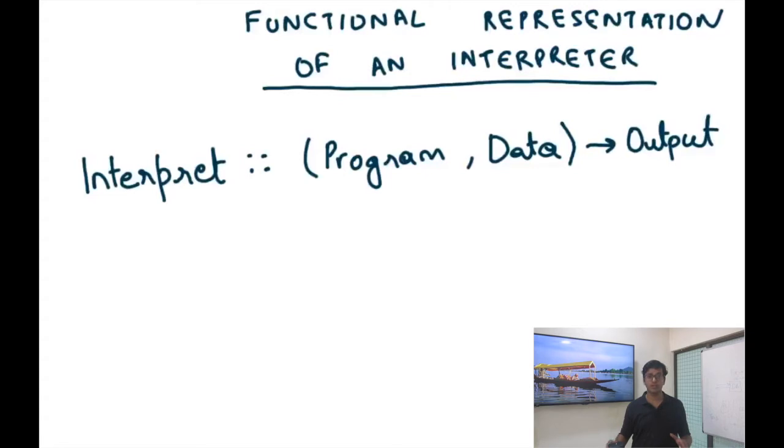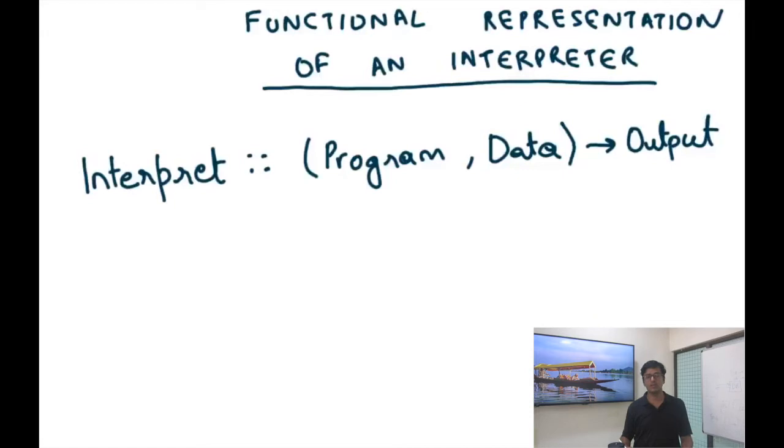But let's try to understand what is an interpreter in a functional form. So you can think of the function of an interpreter to be a function that takes two arguments, program and data. The program here is the program in high-level instructions, and the data is whatever the data the user gives, and it generates an output.